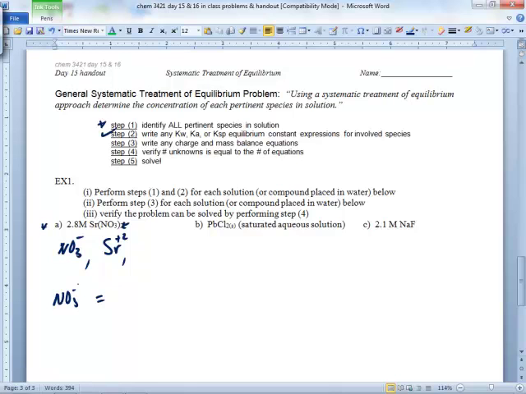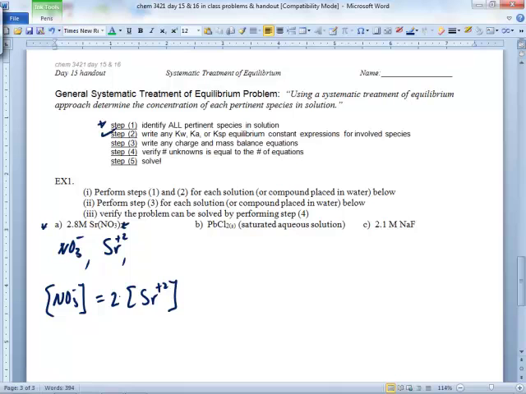NO3 negative on one side, and the strontium on the other. Just make sure you put the charges out front, a 2 and a 1, right?